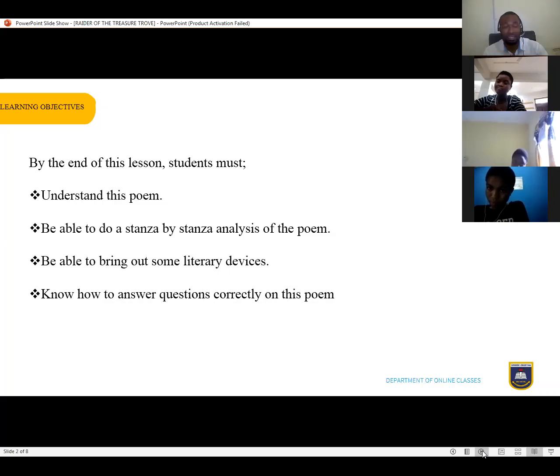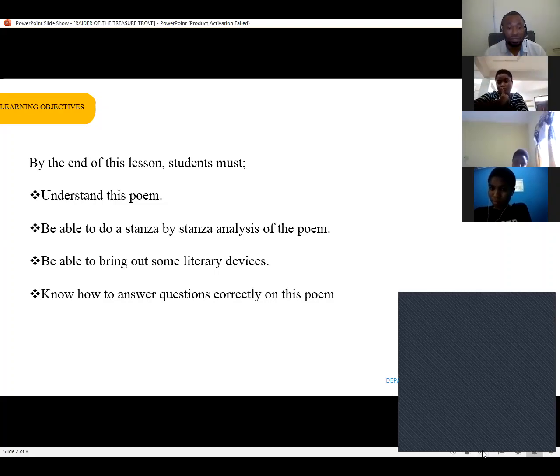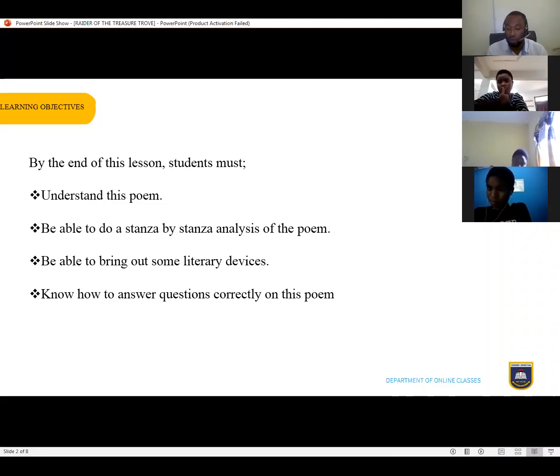Three, you should be able to pick out important literary devices. And finally, you should know how to answer questions correctly on this poem.